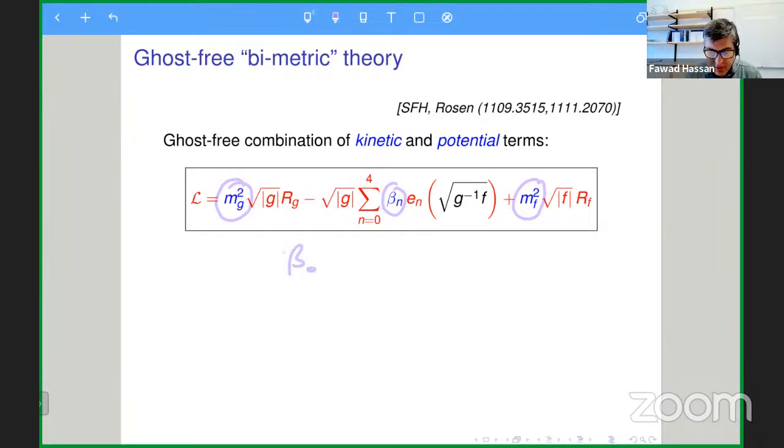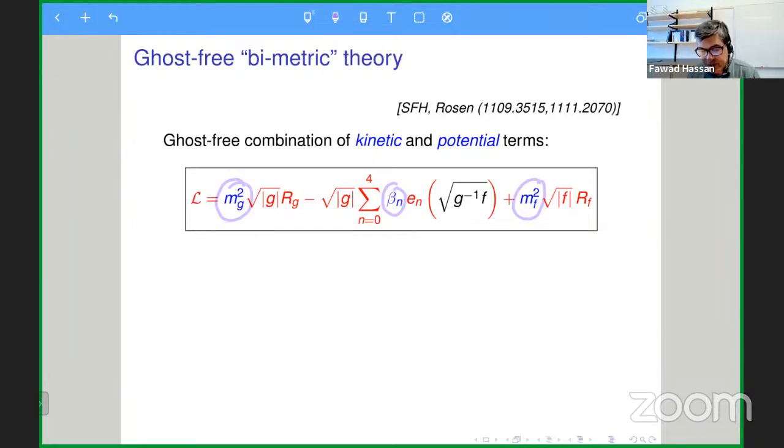Beta 0 is a cosmological constant for G. Beta 4 is a cosmological constant for F, and beta 1, beta 2, and beta 3 are 3 other parameters in this theory, which will of course affect your physics, but they are not known parameters. So this is the structure of the theory. And the claim is that this theory is ghost-free. So that we need to analyze.